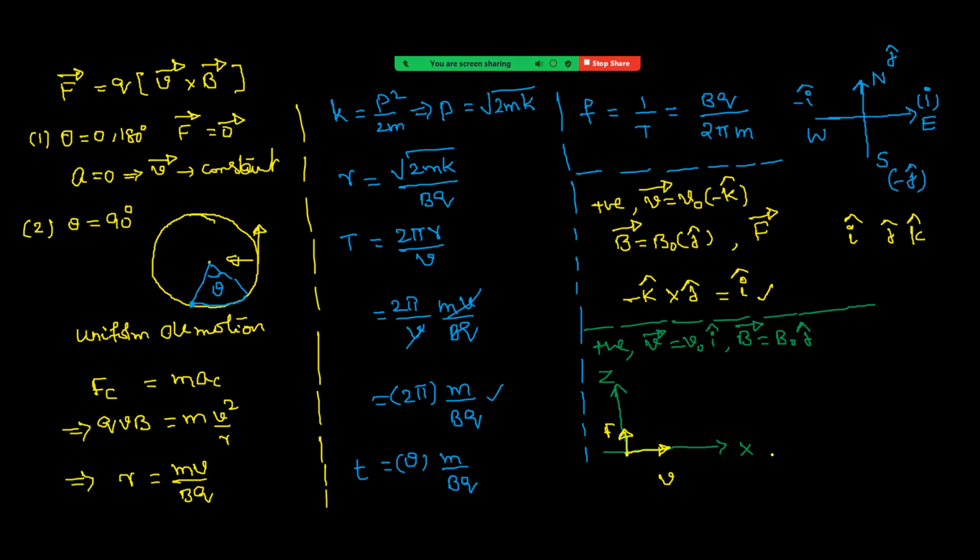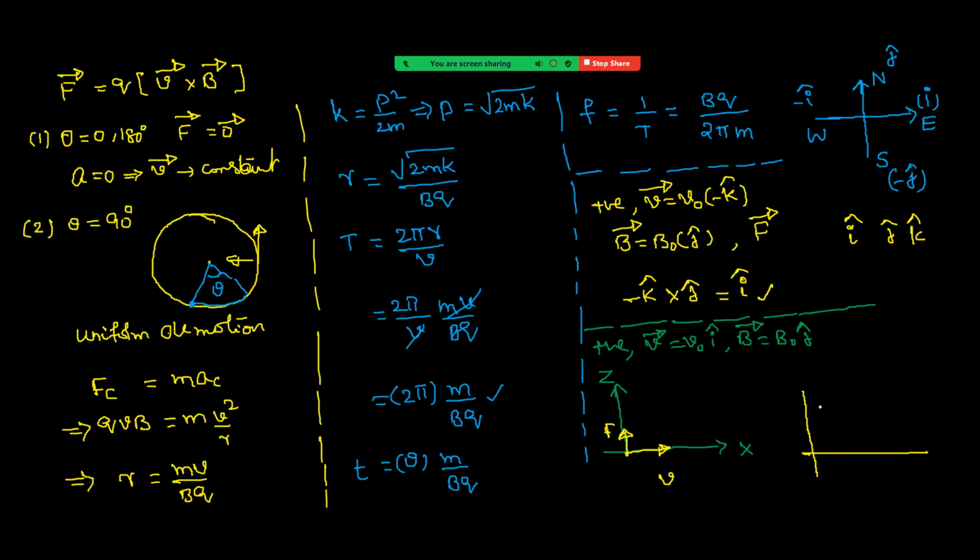So motion is confined to xz plane. Okay. And circle will be, so this is z axis, this is x axis.